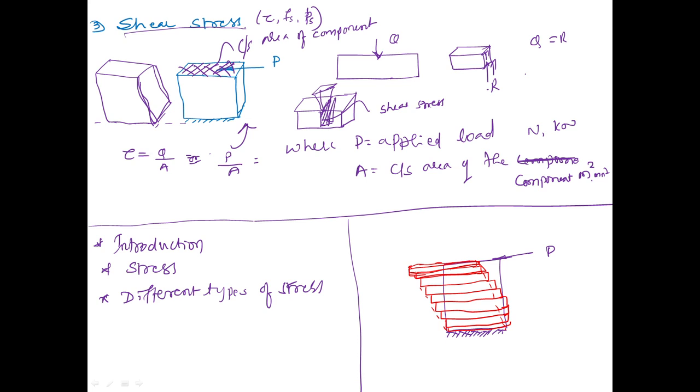That means these elements are subjected to shearing with one another. Clear? Now we can say shear stress tau equal to P by A here.